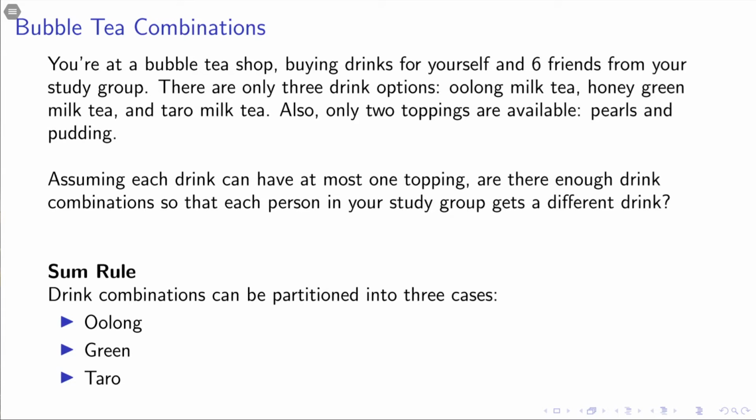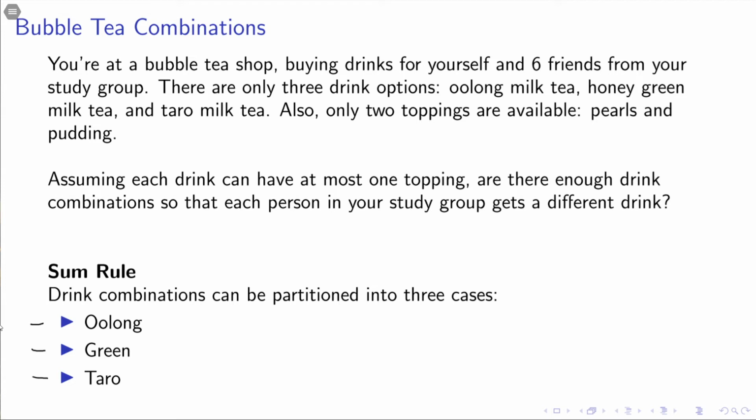And so you can also think about it in this manner where every drink falls into exactly one of these 3 cases, oolong, green, or taro, depending on the base drink that you start with. So we can partition all the combinations into one of these 3 sets. Then simply count the number in each individual set.